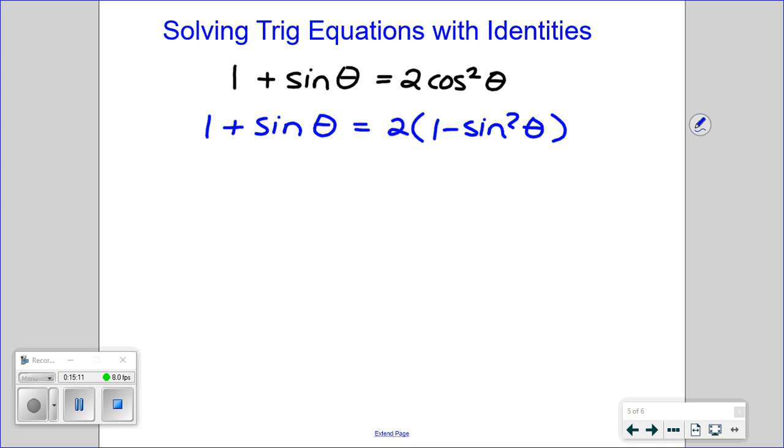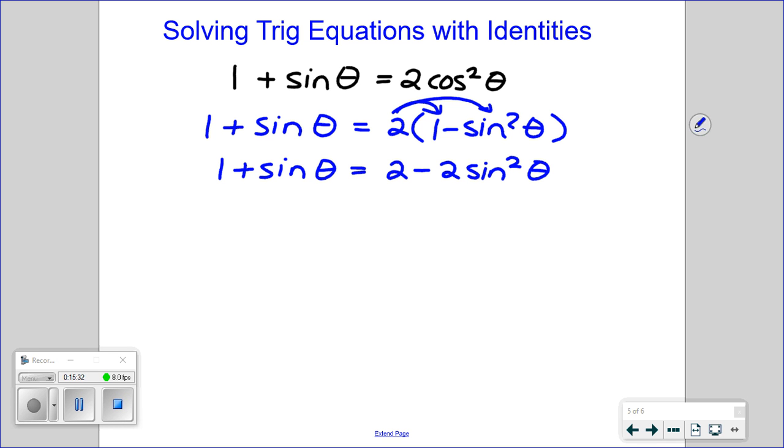All right, so let's try to clean this up a little bit. I'm going to distribute the 2. Okay, and now this one is looking to me like a factorable equation, just because now I'm seeing the sine squared and the sine.